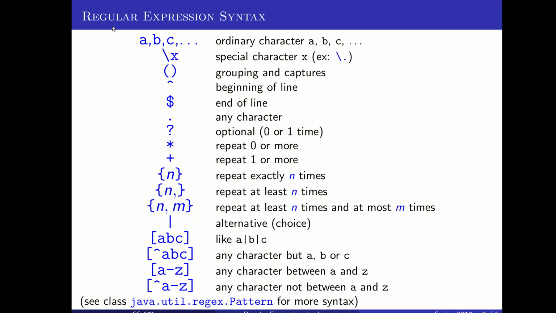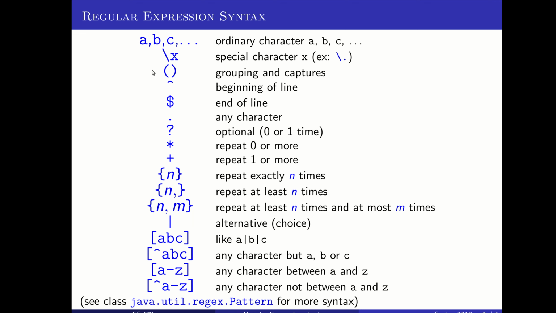Here is some of the syntax for a regular expression pattern. You can use ordinary characters like A, B, or C, capital A, etc., the number 1, any of those standard characters you're able to use. Some of them are used as special characters, so you'll have to escape them, like backslash n, the same as you have to in Java strings sometimes.